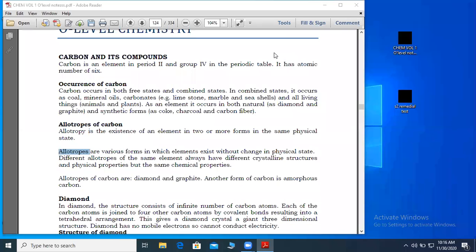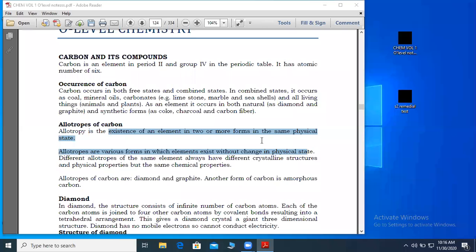So allotropy, that process, we are defining as the existence of an element in two or more forms, or someone can say in more than one form, but without change in physical state. Very common definition. It is short, but some people usually fail it. You wonder why.